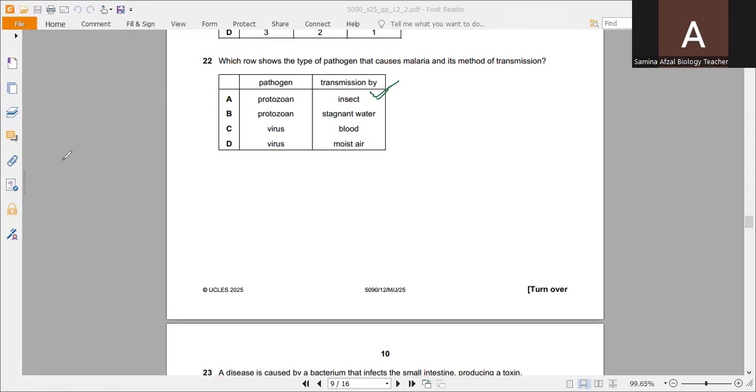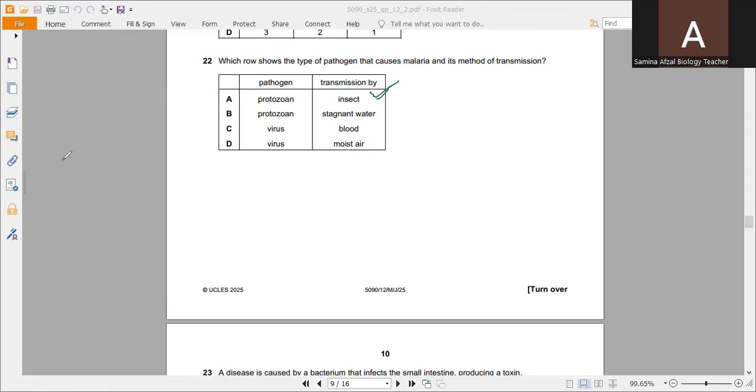Protozoans are transmitted by stagnant water? No, this is wrong, because they are not transmitted by stagnant water.